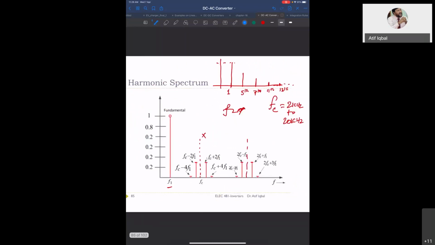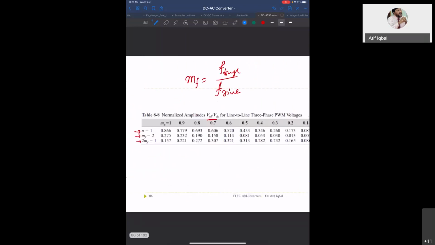In case of a two-level inverter, if we want to get a very good waveform, we have to increase the switching frequency. Switching frequency has to be high. Then we get a good waveform.